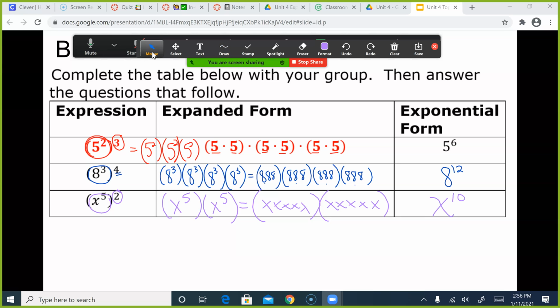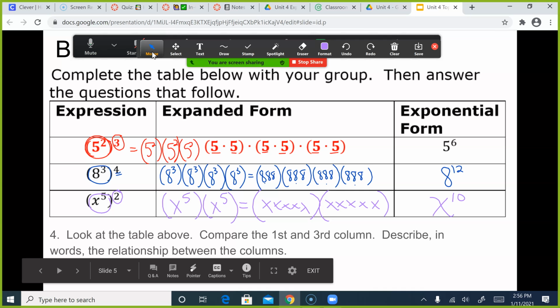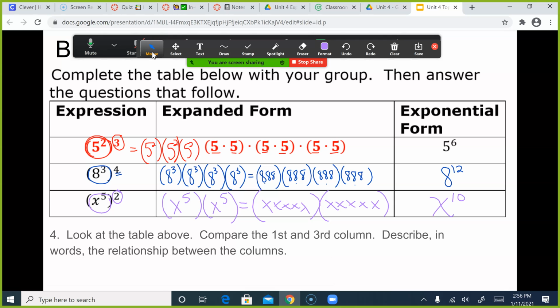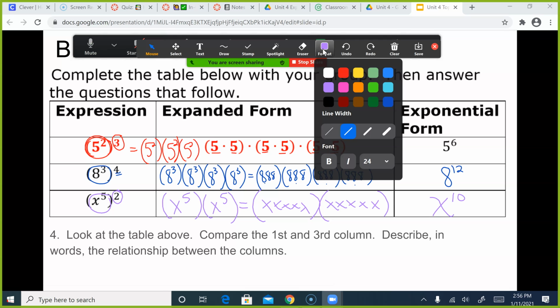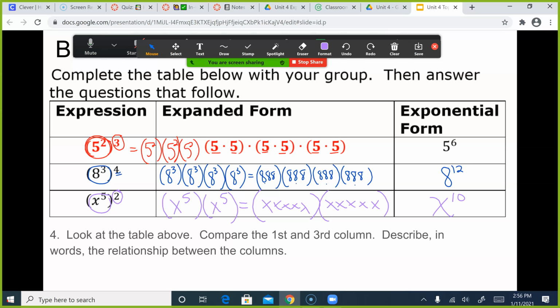So again, this time we're comparing the exponents from columns 1 and 3. Notice here the exponents were 2 and 3 for the first one, and when we combine them we got 6; 3 and 4 got 12; 5 and 2 got 10.